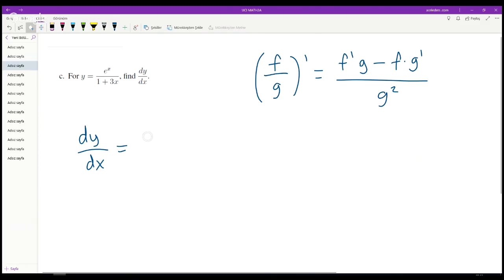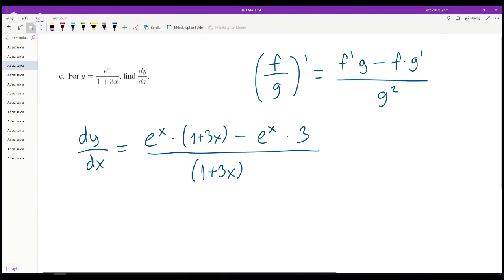The derivative of e to the power x is the same, e to the power x, times the denominator written exactly the same, 1 plus 3x, minus e to the power x, the numerator, times the derivative of the denominator, which is, the derivative of 1 plus 3x is 3, over the square of the denominator.